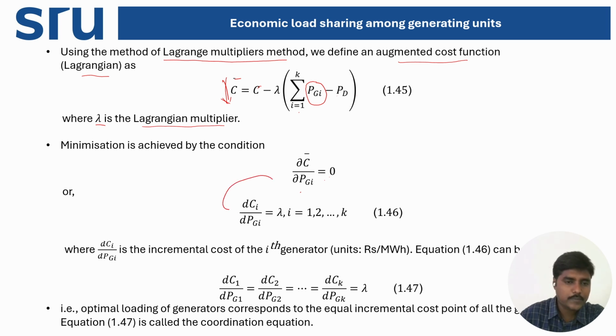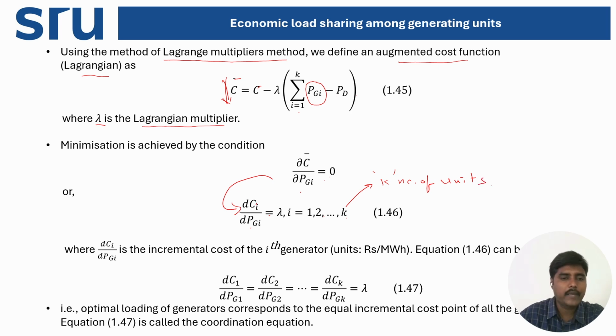Or you can also express this same equation as dCi by dPgi is equal to lambda, where i is equal to 1, 2, and so on up to K, where K is the number of units.